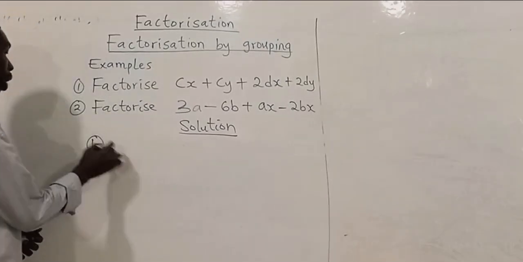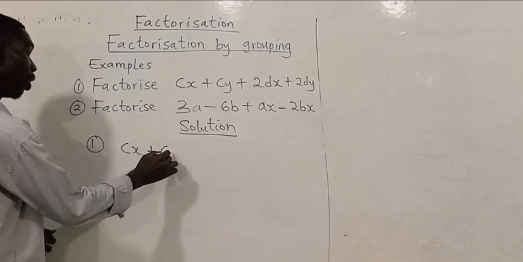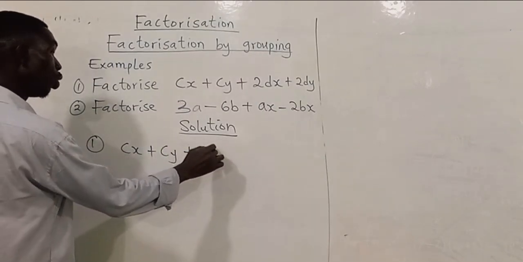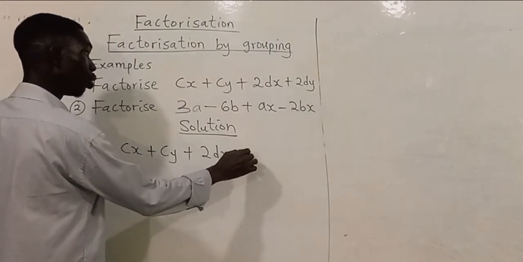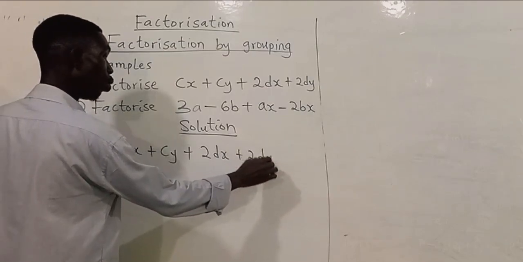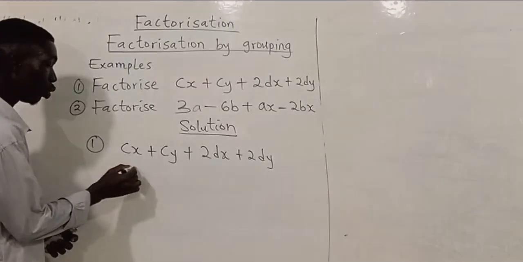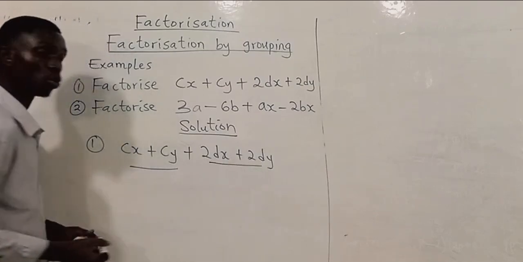For number 1, we have cx plus cy plus 2dx plus 2dy. To solve this, we are going to group them in twos. We take this 2 and take this 2.